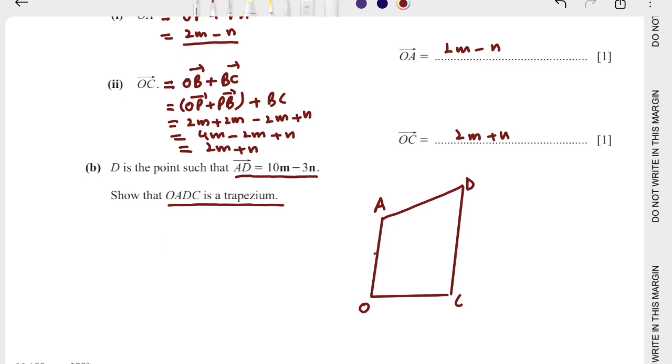OA we have already calculated, that is 2m minus n, and AD is given, that is 10m minus 3n. Now we have to find out CD first of all, because we have to show that OA is parallel to DC or CD. So we can make a triangular path here.